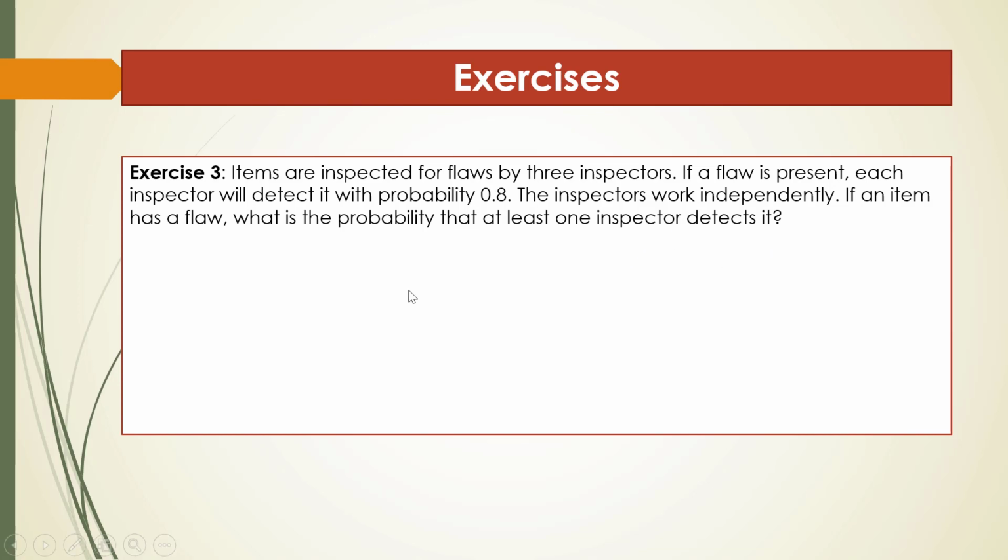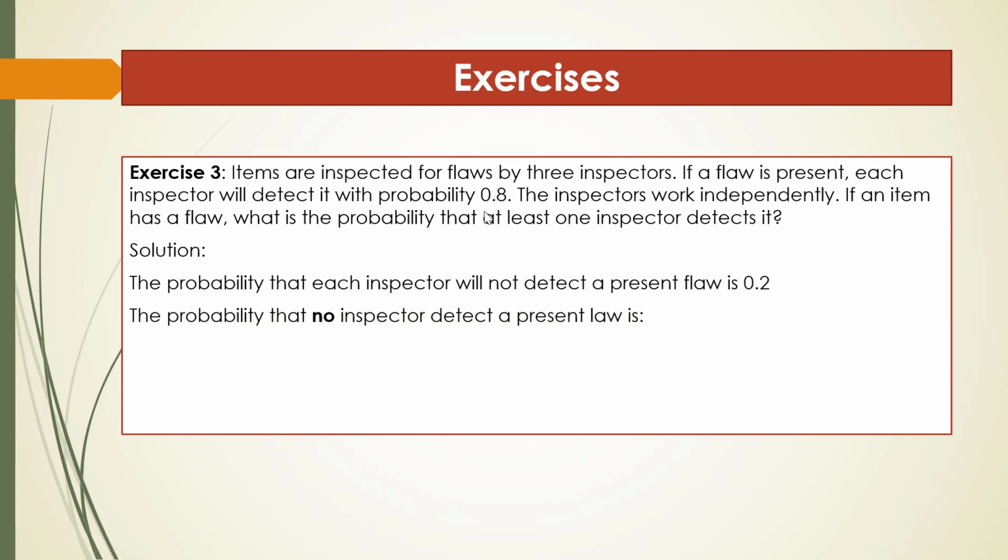And to find the probability that none of them detects the flaw, we basically use the multiplication rule. The question gave you that if a flaw is present, its inspector will detect it with probability 0.8. So if a flaw is present, the probability that its inspector will not detect it is 0.2.